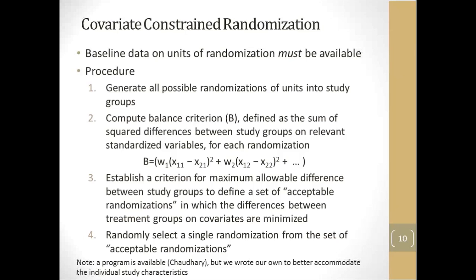There's no hard and fast rule, and I'll talk about that a little bit in a minute. But the ones that I have seen have used the top 10%. And then once you've got this acceptable set of possible randomizations, you simply randomly select a single randomization from that and assign your study groups.